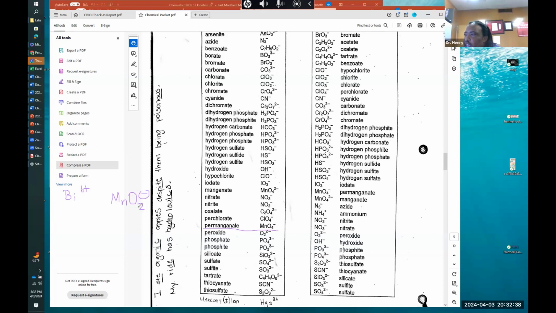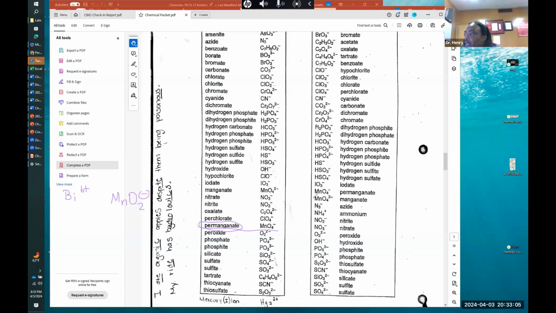So then if it has 2 minuses, then what would we call that? Just manganate, right? Or no. So this one again is a special case. Permanganate is MnO4 minus.